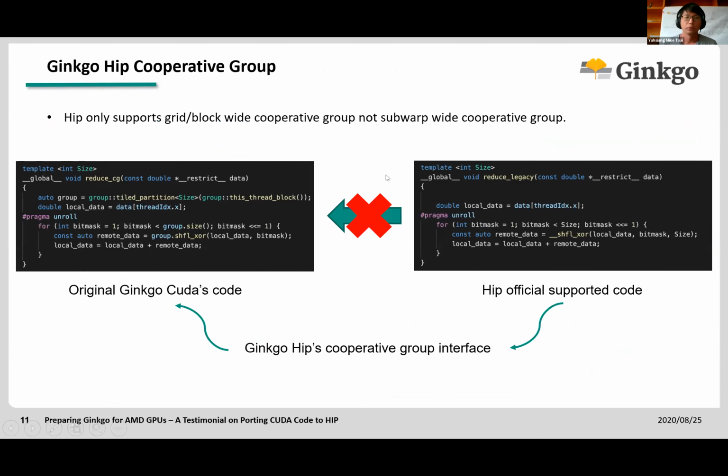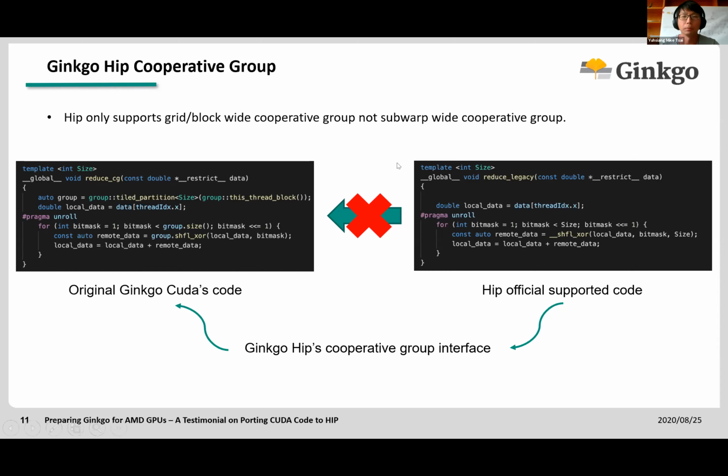So it looks like everything is fine with HIP, but unfortunately HIP only supports the grid and block-wide cooperative groups, but not the sub-warp cooperative group. Cooperative groups are a nice abstraction from CUDA 9. One module can represent a group of several threads, and it gives you some benefit to debug or to make sure all threads in one group are involved in one kernel.